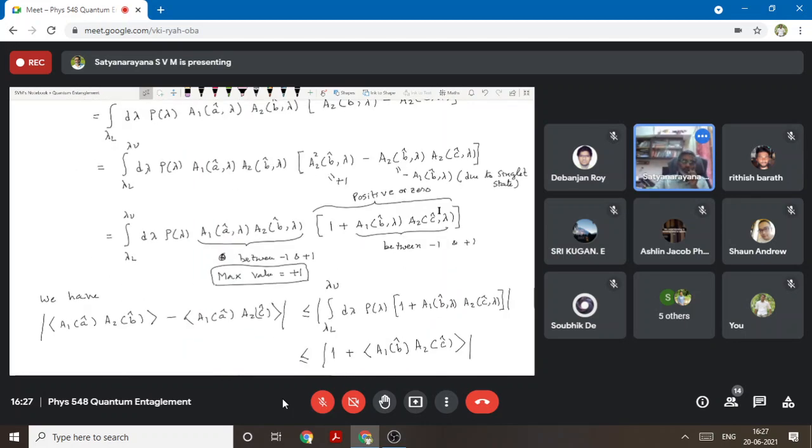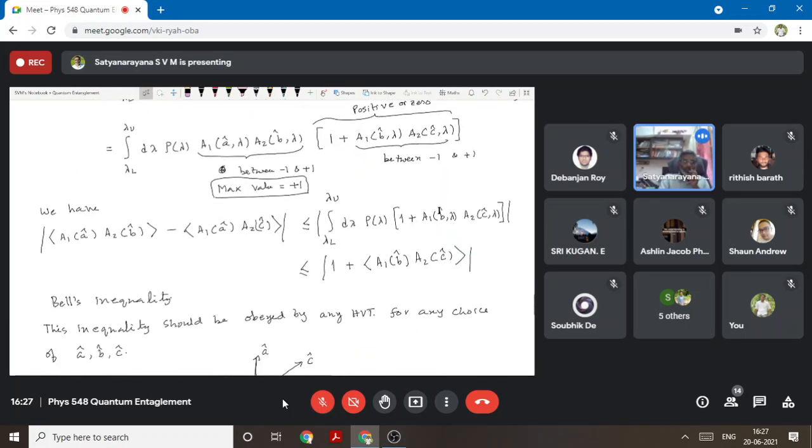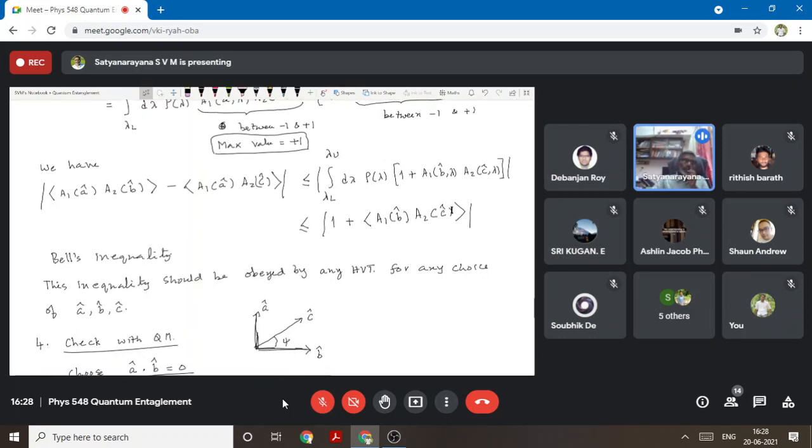Suppose instead of a cap, b cap, c cap, I call these a1 cap, a2 cap, and a3 cap. So this is like a1 a2, a1 a3, and a2 a3, right?